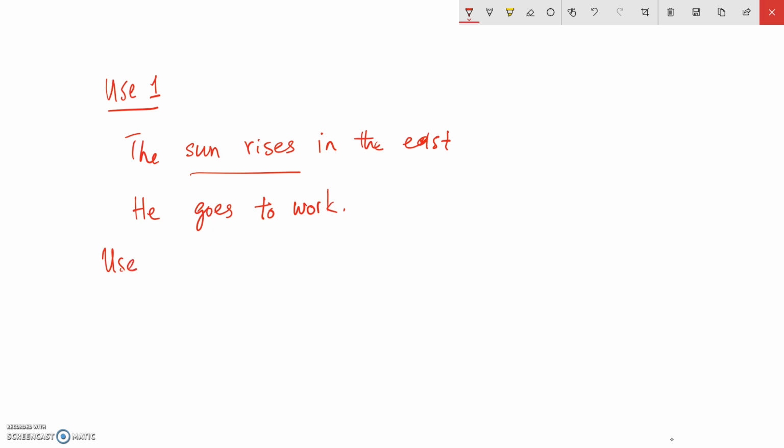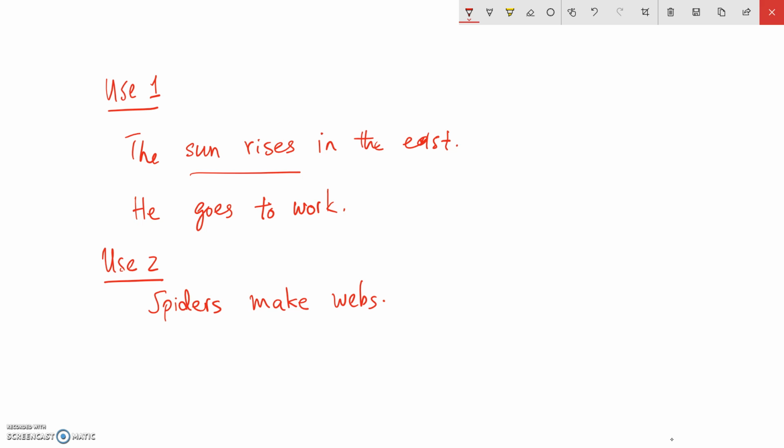Second use would be to talk about general facts. For example, spiders make webs. This is something that everyone knows. It's their habit.